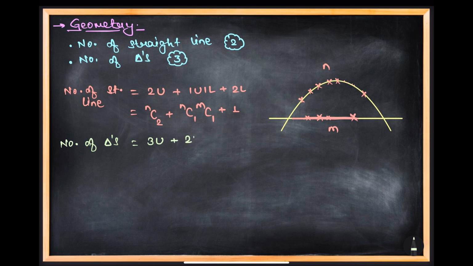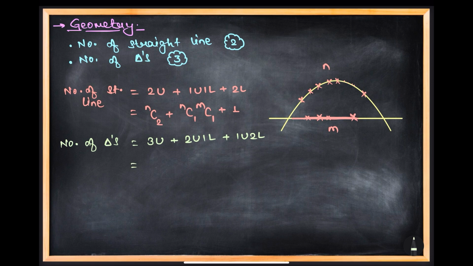Can we take 2 points from up and 1 point from the lower part? Can we take 1 point from up and 2 points from the lower part? Can we take 3 points from the lower part? No, you cannot, because you will end up having a straight line, not a triangle. So this case is invalid.